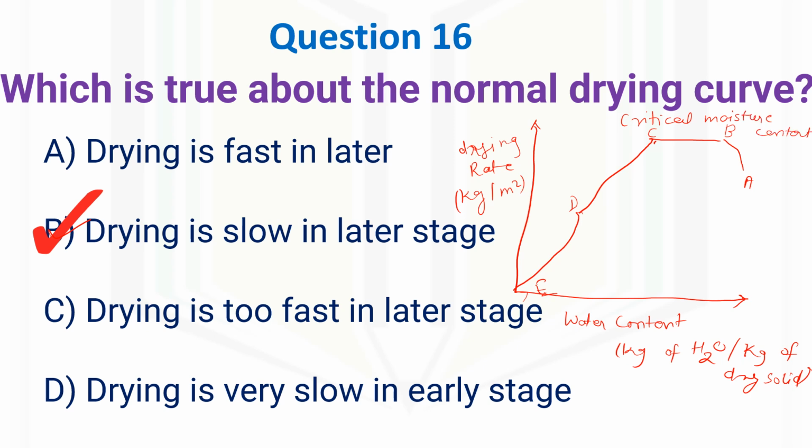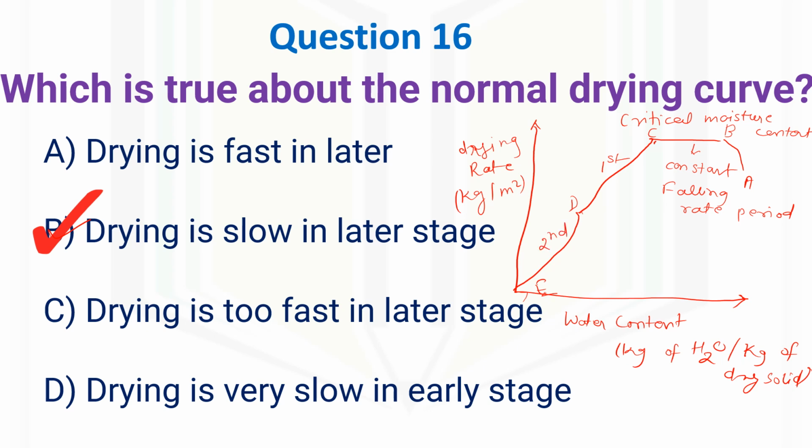The drying rates: B to C is the constant rate period, followed by C to D, the first falling rate period, and then the second falling rate period.